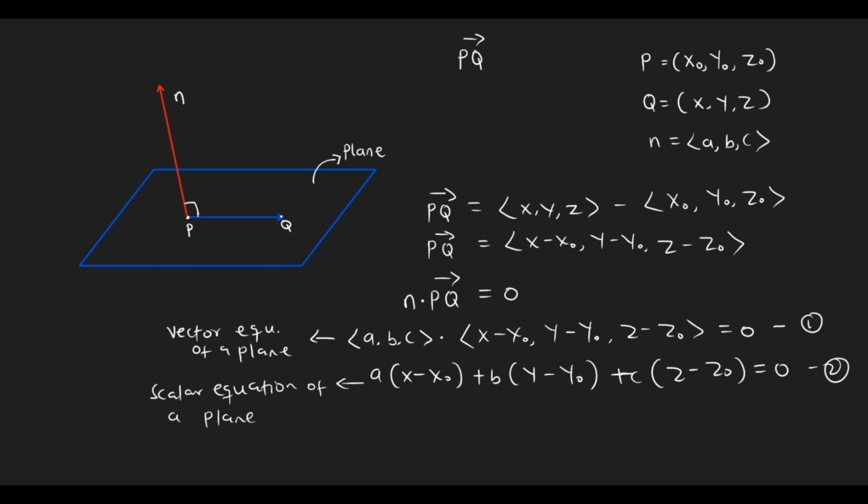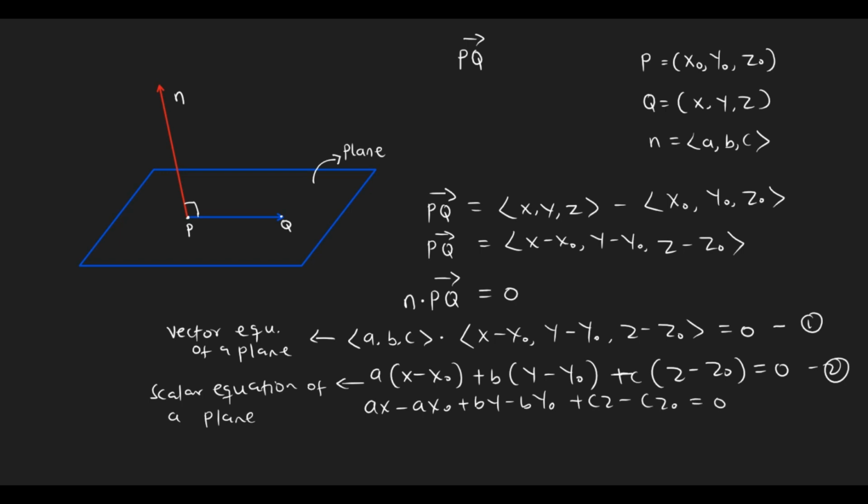With the scalar equation of a plane, I can further simplify this. Let's distribute the components of the normal vector. I'm going to have ax minus ax naught, plus by minus by naught, plus cz minus cz naught. This should be equal to 0.